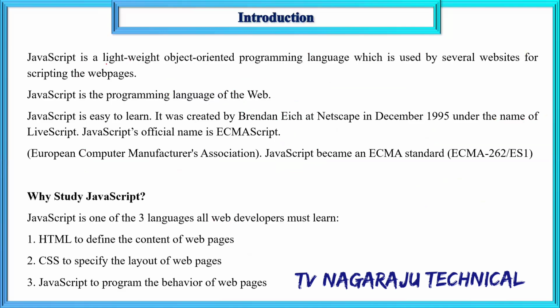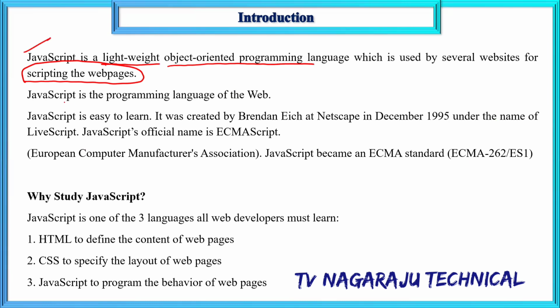What is JavaScript? It is a lightweight programming language, a lightweight scripting and, at the same time, a lightweight object-oriented programming language. What is the main purpose? It is used by several websites for scripting. In each and every web page, we write some script using JavaScript.